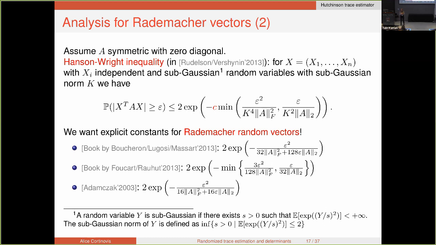Yes, there's work that tries to exploit approximate bandedness, not my work. The idea is that Rademacher random vectors are good if the matrix is more or less diagonal.